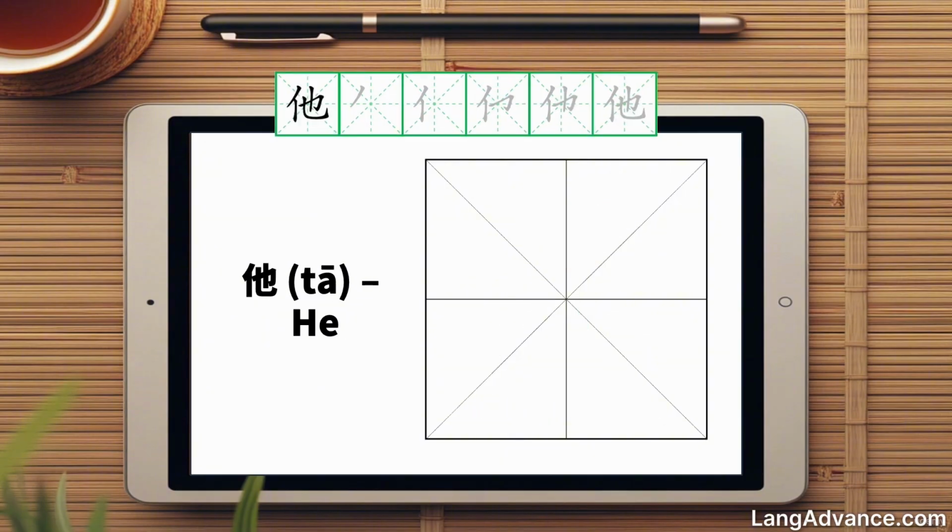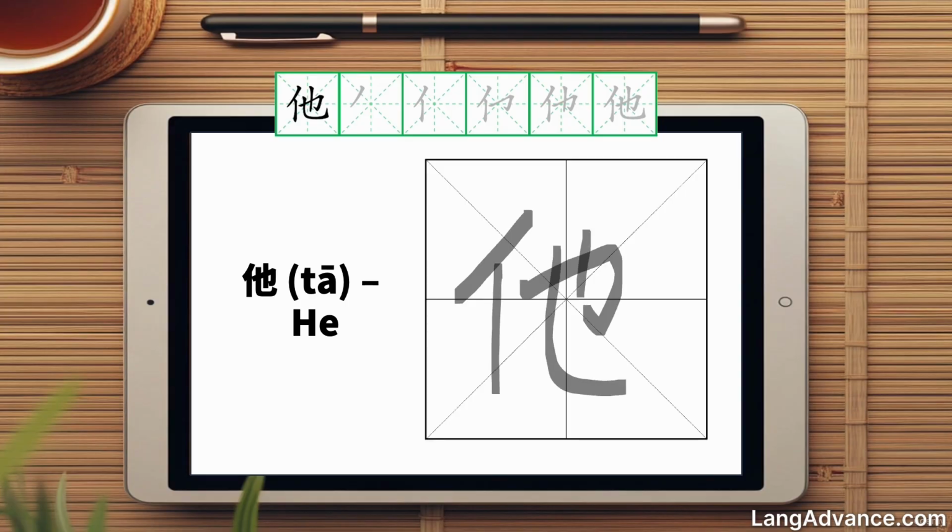Let's look at the word 他, which is very common in Mandarin Chinese. 他 is he. Same thing, the 单人旁 on the left, and you have the 也 at the right side. Same procedure, we have two portions, 单人旁 1/3, and we have the 也, which takes 2/3 of the box.